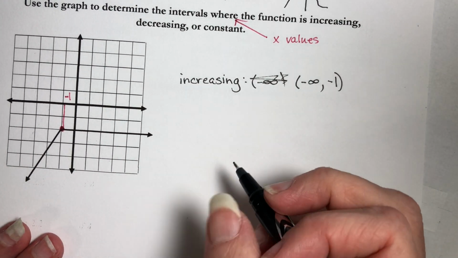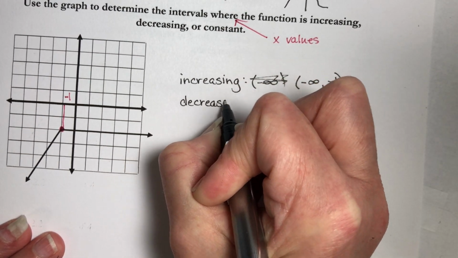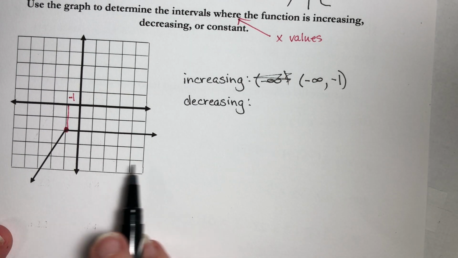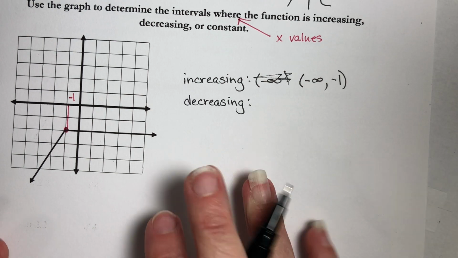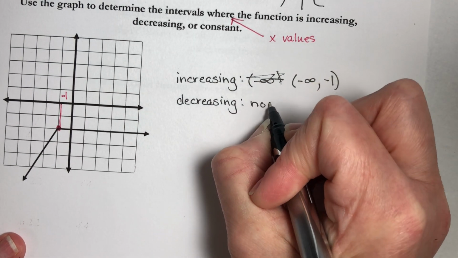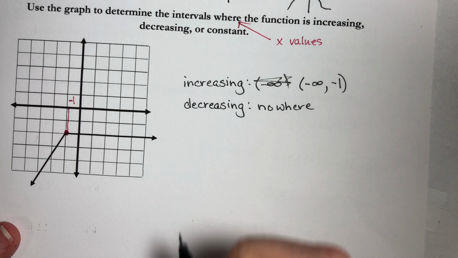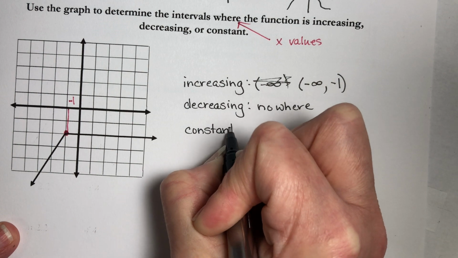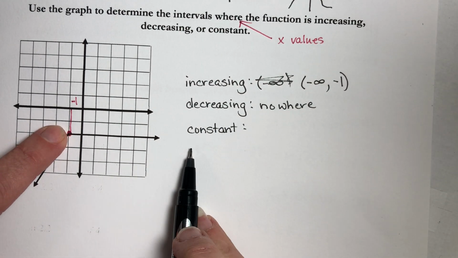Okay, where is this decreasing? When I glance at my graph going from left to right, does it ever go down? And the answer is no. So this goes nowhere. It's nowhere decreasing. Where is this thing constant? Well, once it stops going up, it goes flat.